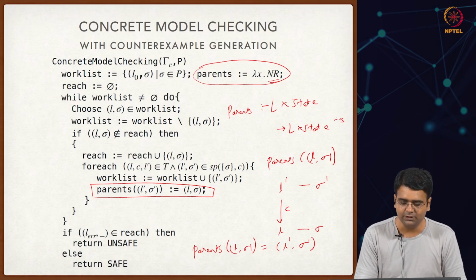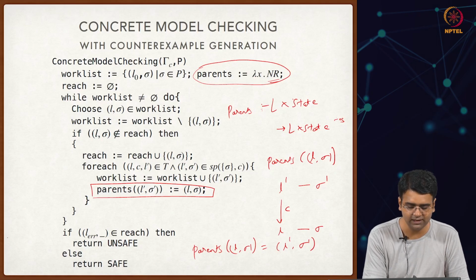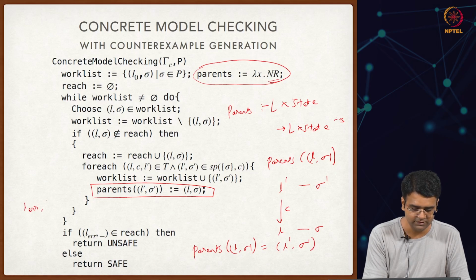Okay. So in this way, what will happen is, if this algorithm terminates, and if the error state is reachable, which means that if L comma error belongs to reach, so you have some L error with some state, let us say some state sigma.